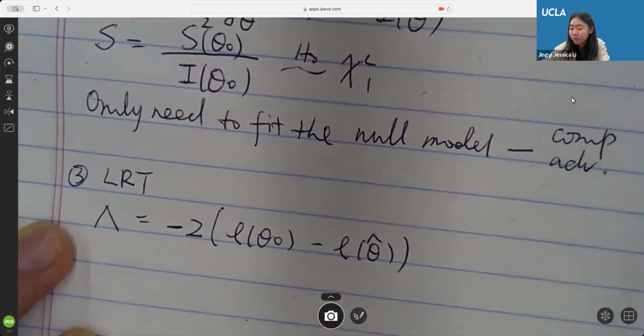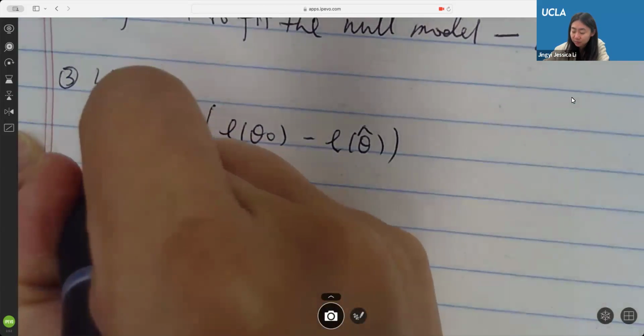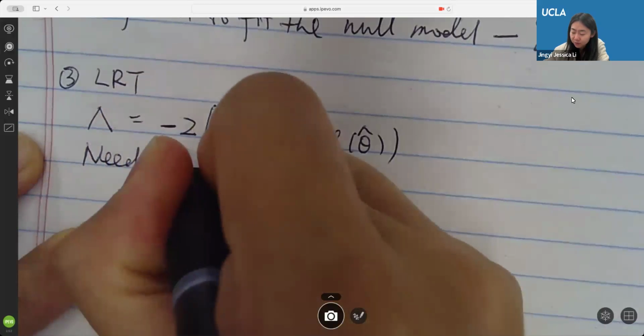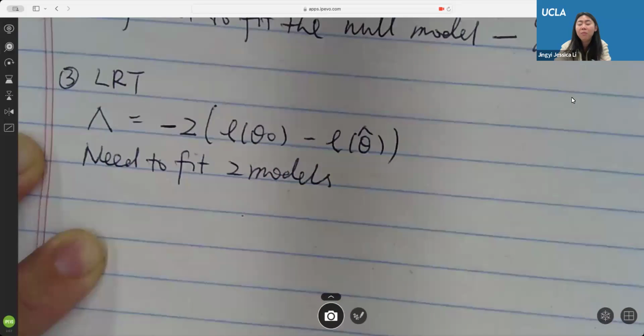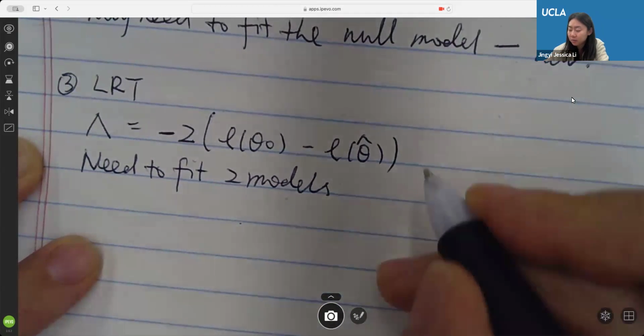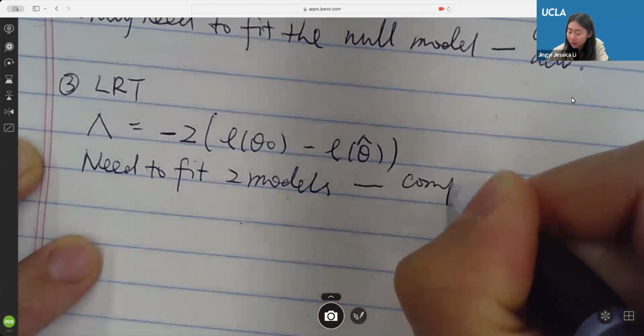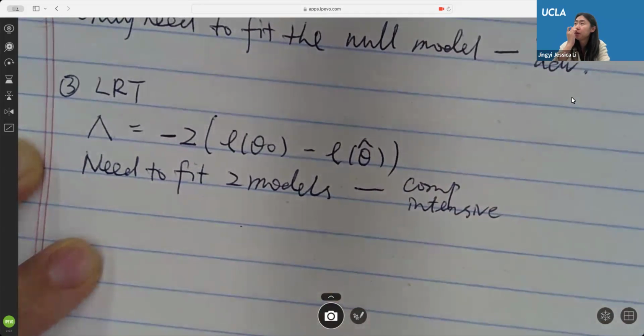So compared to the previous 2 tests, here you need to fit 2 models, the null model and the full model. You need to compute both, so it is computationally the most intensive one compared to the other 2.